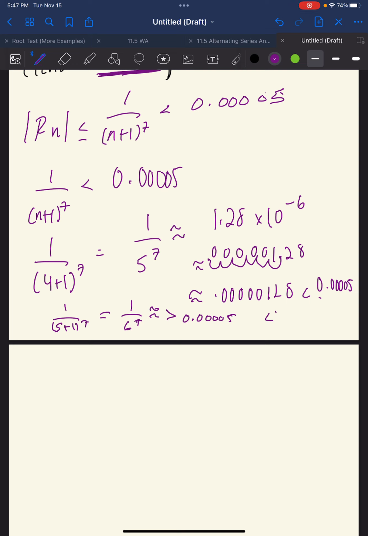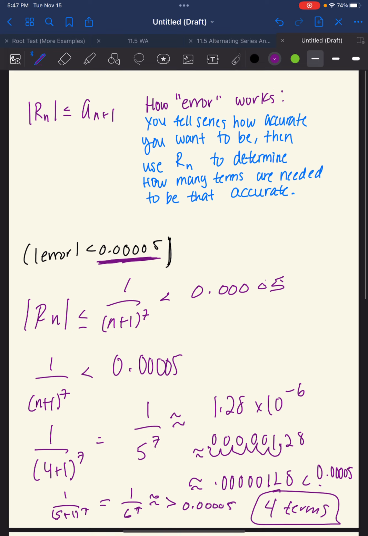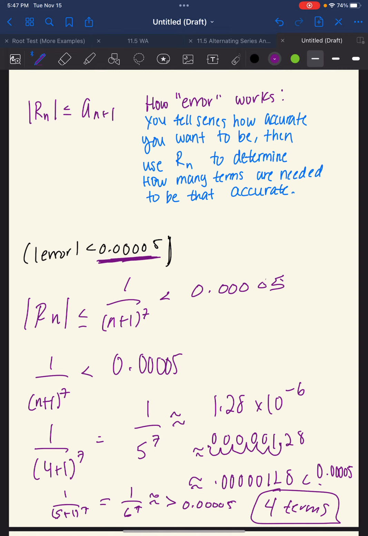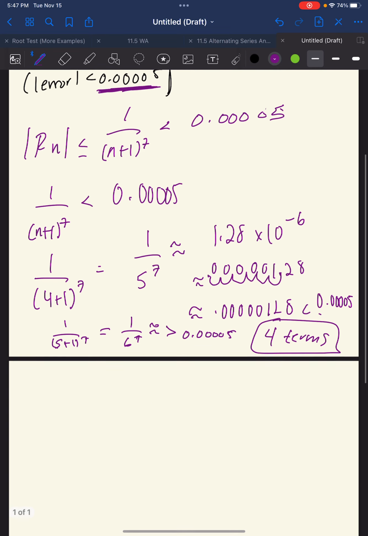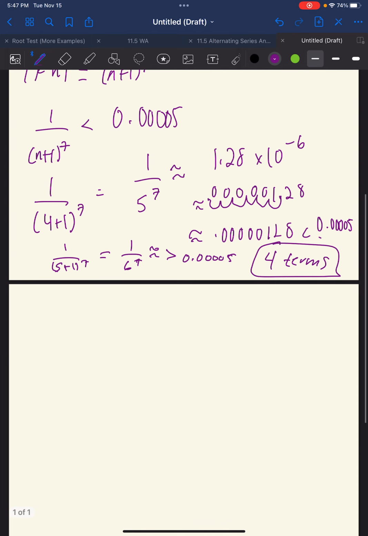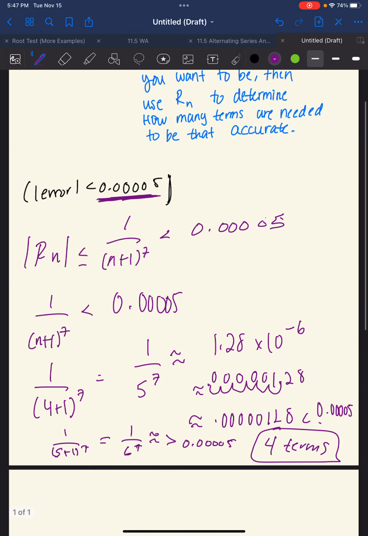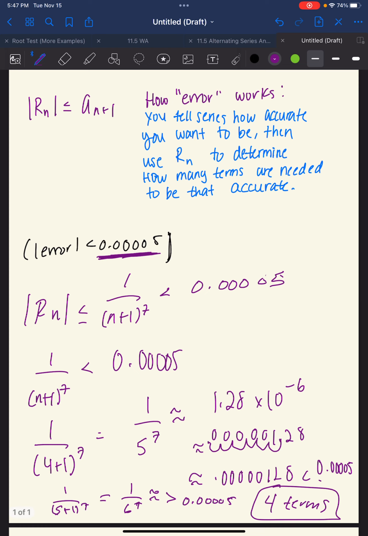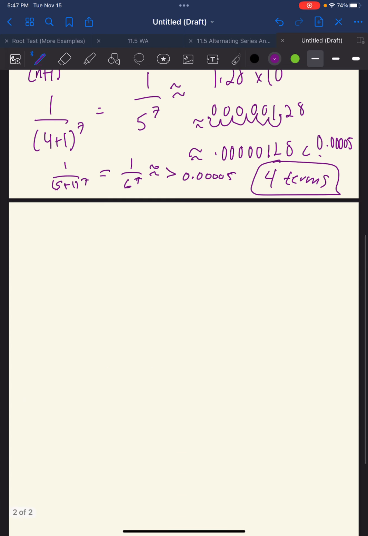Your answer for that WebAssign is 4 terms, because if you did 5 terms, whatever that decimal approximation is, it's actually greater than the condition they gave you earlier, that your error has to be less than this number. So you stop at 4 terms, you don't go to 5, because that would make this inequality false. It would be greater than, not less than, that number.